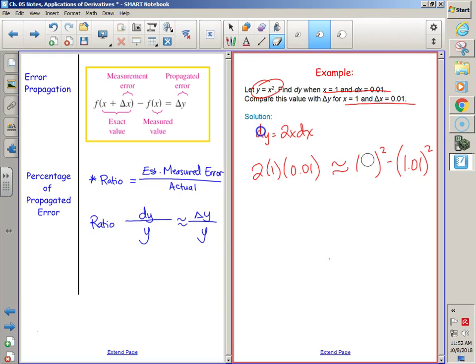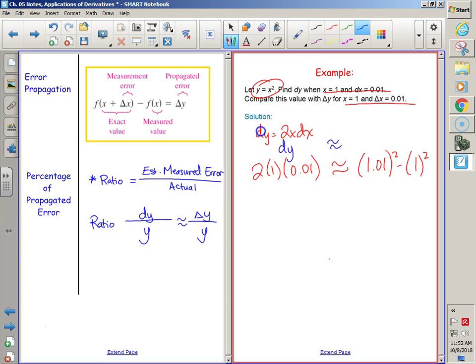Positive number. Let's do it this way. So let's say you knew your measurement error was 0.01.